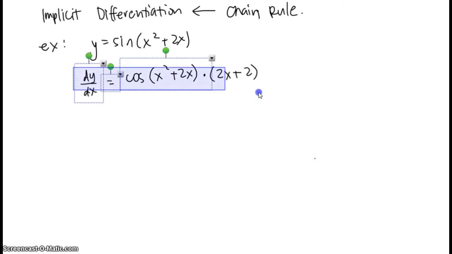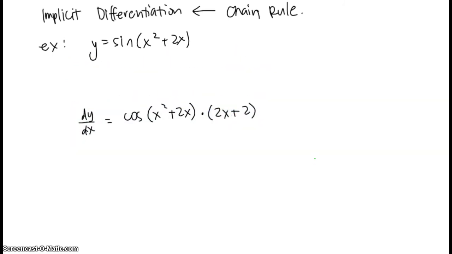What implicit differentiation does is exactly the same thing, except it's kind of like using a u substitution. So it's saying that u here is equal to x squared plus 2x, right? And then the derivative of that inside u with respect to x is going to be 2x plus 2.